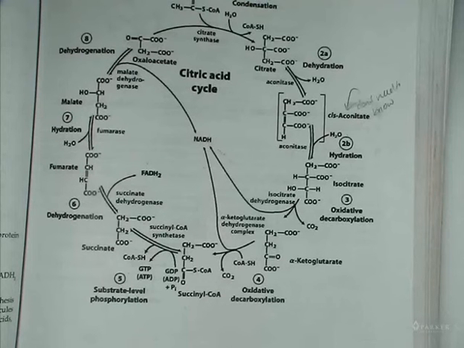So we're at malate. What's our next enzyme? All right, we see a dehydrogenase. What are we thinking? We're thinking a dehydrogenation reaction, which means we're taking off that hydrogen, and we're going to make NADH.